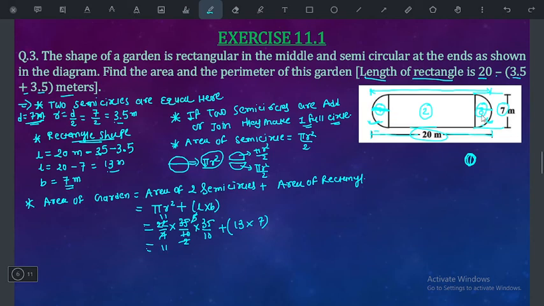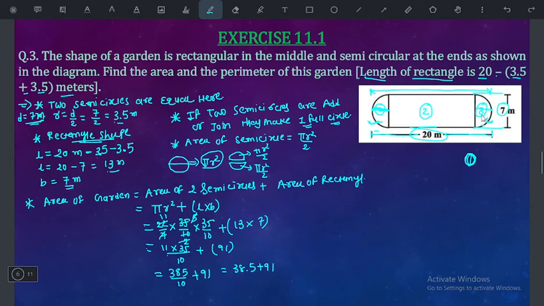The answer is 11 into 35 divided by 10, and in the bracket 13 sevens are 91. 11 into 35 becomes 385, divided by 10, plus 91, that is 38.5 plus 91.